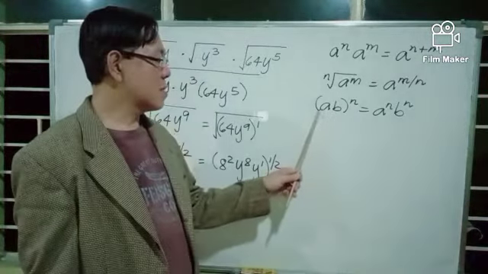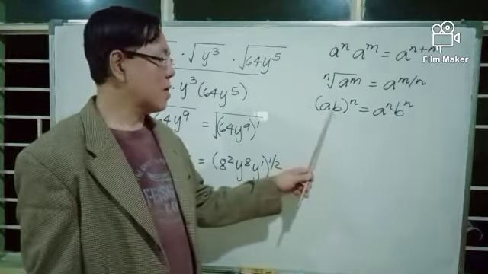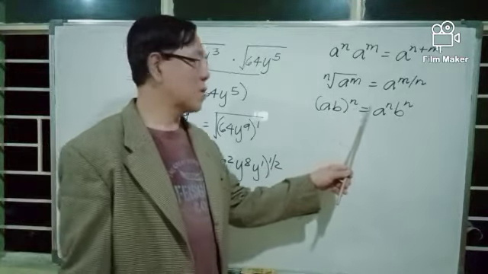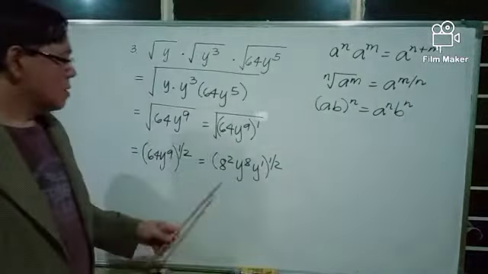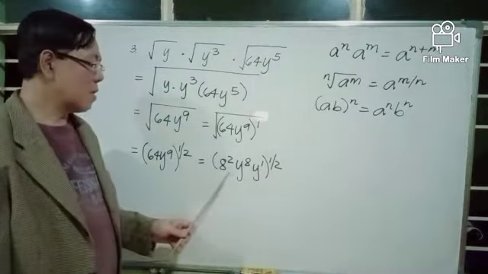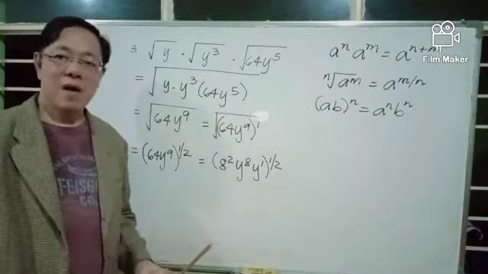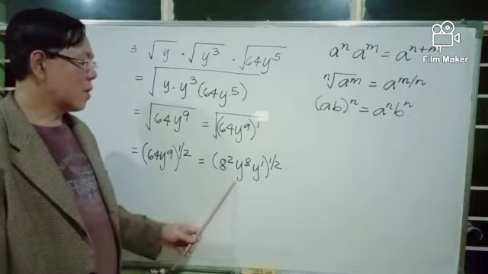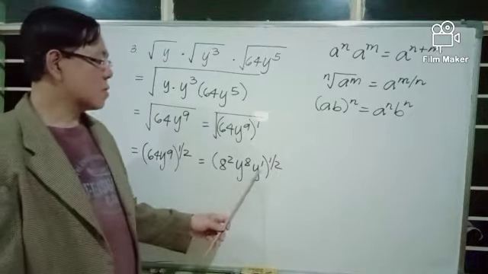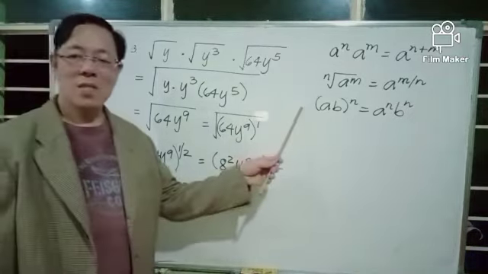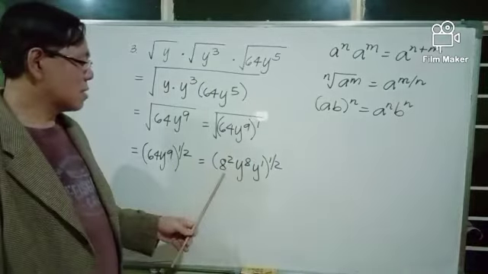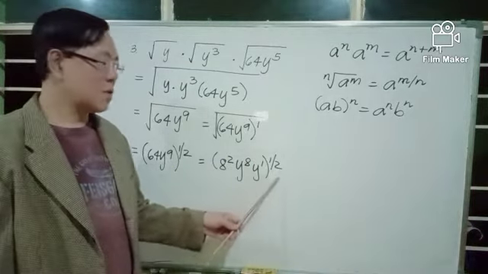Each of these factors A and B of the product AB is raised to the same power n. Although in this example we have a product of 3 factors, 8 squared, y raised to 8, and y raised to 1. And applying this property of exponent, we raise each of these 3 factors to 1/2.